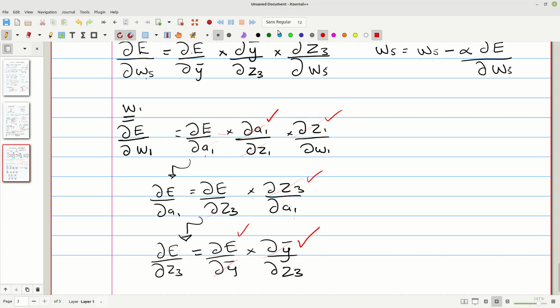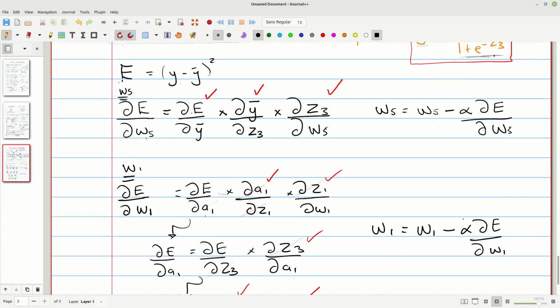Then we can update our w1: w1 is equal to w1 minus alpha times the partial derivative of the error with respect to w1. And that's how we update our w1.